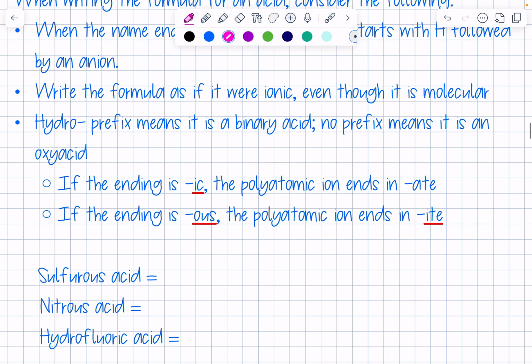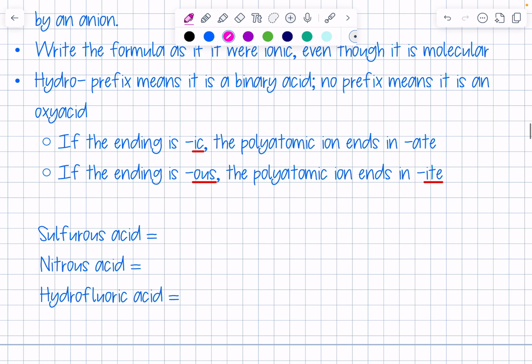All right. Then if hydro is present, that indicates that this is a binary acid. If there is no prefix present, that means that this is an oxyacid, which again, reflect on what I said in the previous section. Ending in IC means that it's an ATE. Ending in OUS means that it's ending in an ITE. So sulfurous acid. There is no hydro, so it is not binary.